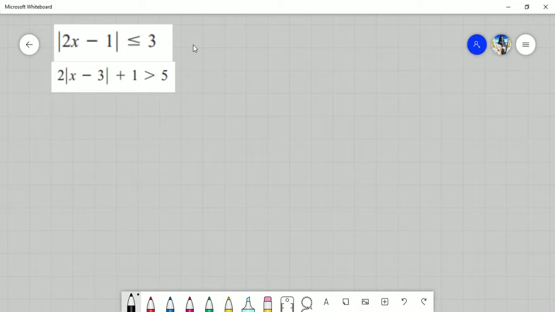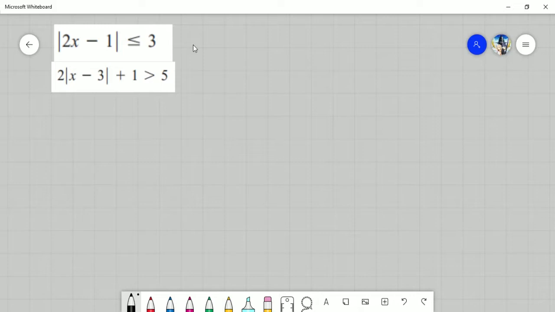That's what we always do. What makes it different is what is being done to the variable. In this case, we have absolute value bars and it's an inequality instead of a regular equation. But we can treat it as an equation, just remember it's an inequality.